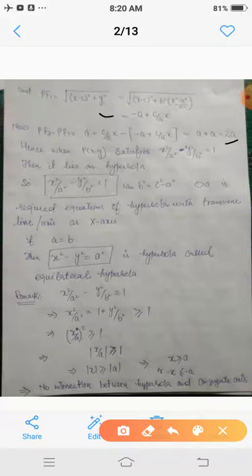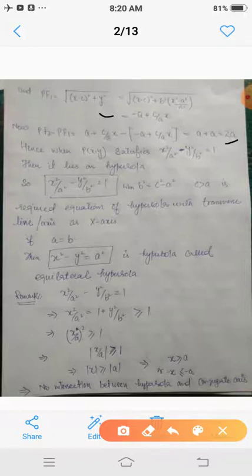Here P is any arbitrary point, so any point which satisfies the given first equation, that is x square upon a square minus y square upon b square equals 1, this implies that the difference of distances from two fixed points is constant. Hence, by definition, this P(x, y) lies on the hyperbola.